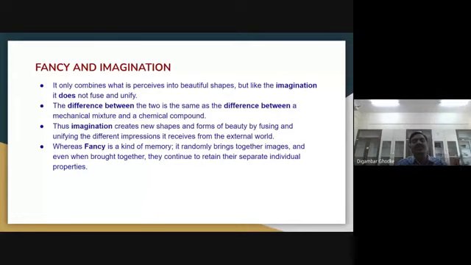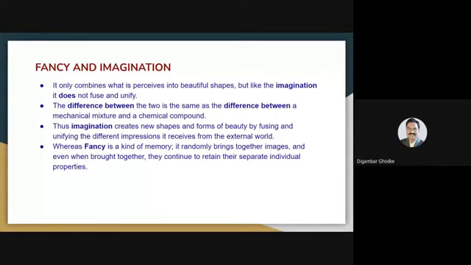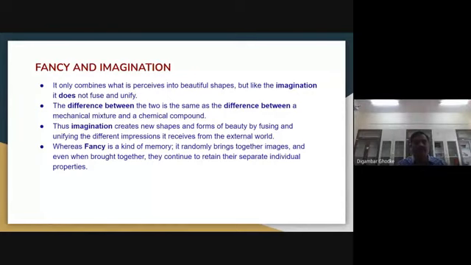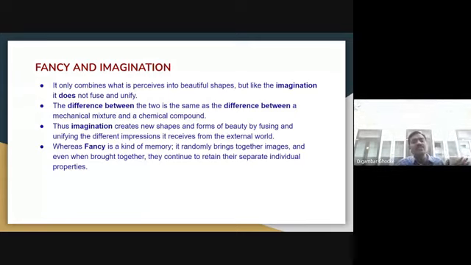So the difference between fancy and imagination is the same as the difference between a mechanical mixture and a chemical compound. You can take the analogy over here. A mechanical mixture and a chemical compound. Now, for example, when you blend something in your mixer, a blender, you can separate the ingredients.